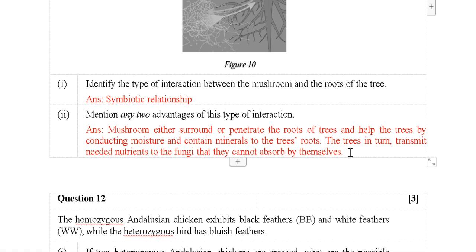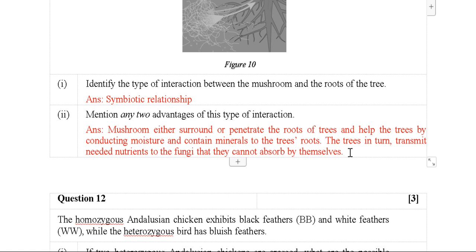So the mushroom is collecting the moisture and the minerals, and it is providing them to the root part of the tree. Now in turn, what is the tree doing? It is transmitting the required nutrients for the fungal growth, fungal meaning the mushroom growth here, and those can be absorbed by the mushroom themselves.